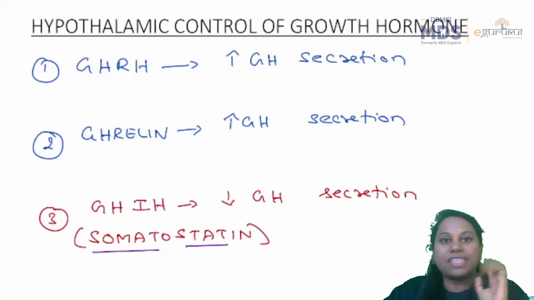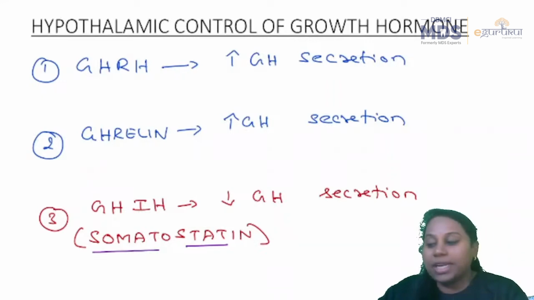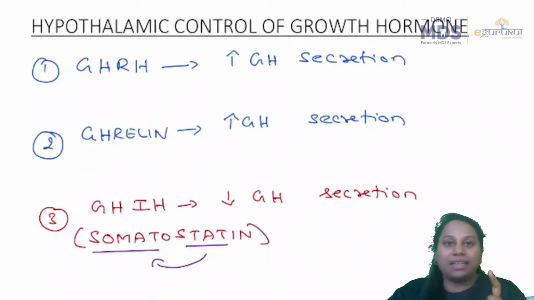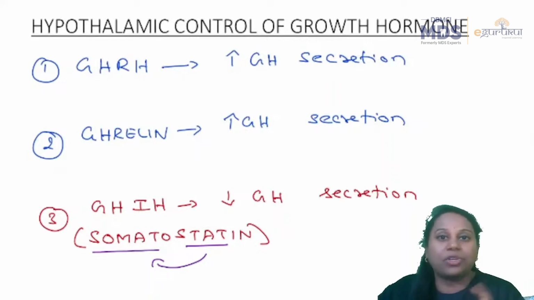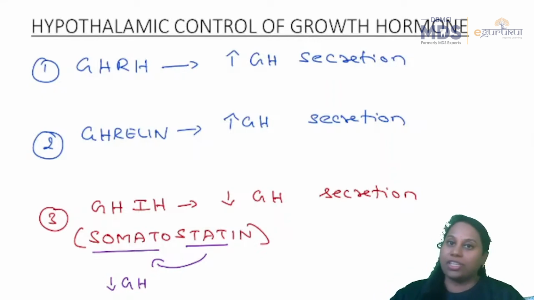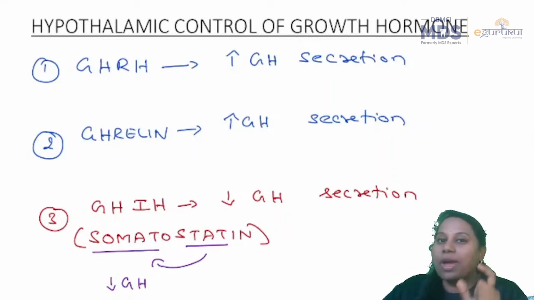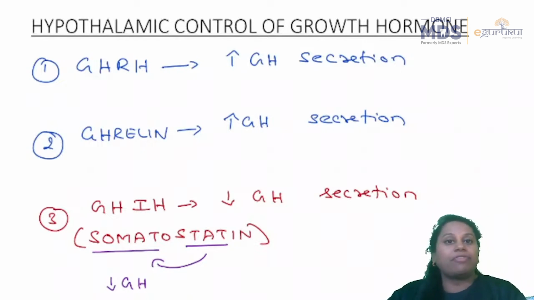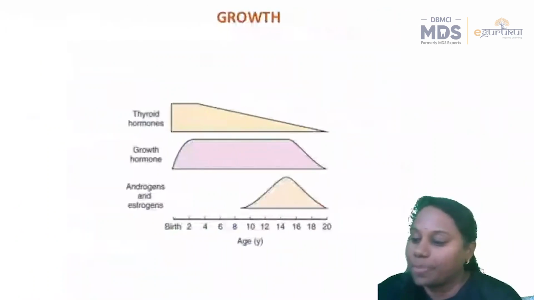What is the meaning of stat? Stat means to stop. It is static to somat. Somat means body growth, so it stops body growth. Growth hormone inhibitory hormone is static to body growth because it decreases growth hormone secretion. That's why the name is somatostatin. This is the effect of the hypothalamus over growth hormone secretion.